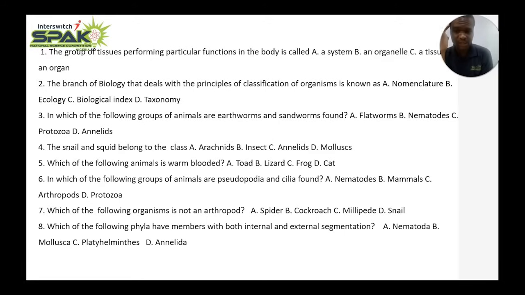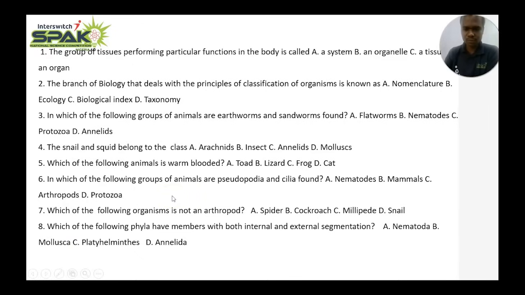If you look at the vertebral column of man, it is also divided into segments. So some organisms have internal segmentation, some have external. In annelids, we have both internal and external segmentation.